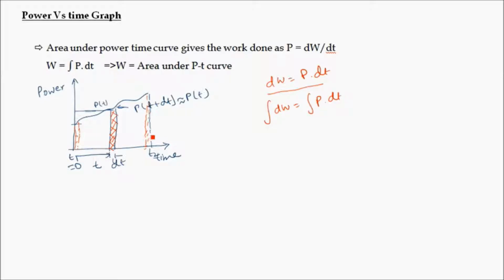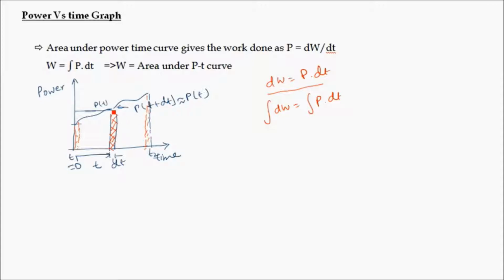Now consider an arbitrary time t, and then we consider an infinitesimal time dt from there. In this case the power at this point will be P(t), while power at the next point will be P(t plus dt). As dt is very small, we consider P(t) and P(t plus dt) the same.